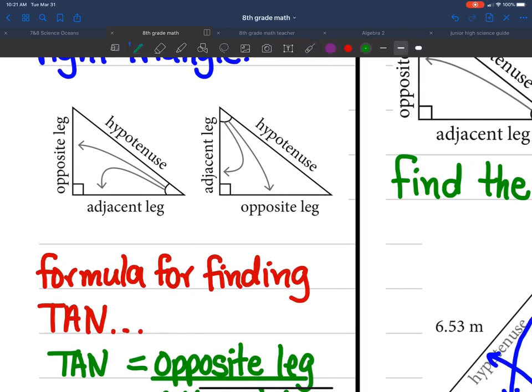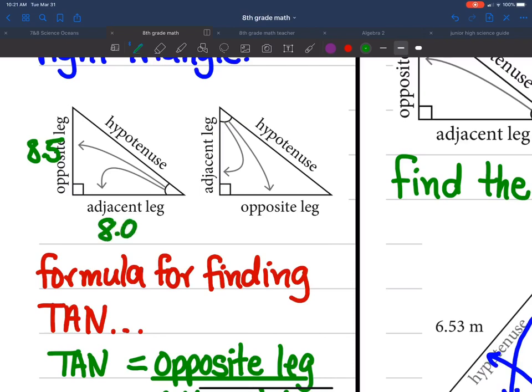So let's say, for example, that the opposite leg over here is 8.5, and the adjacent leg is almost as close to it. Let's just say it's 8.